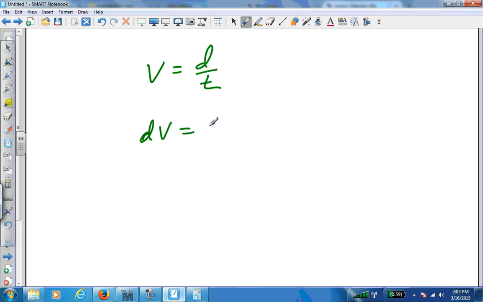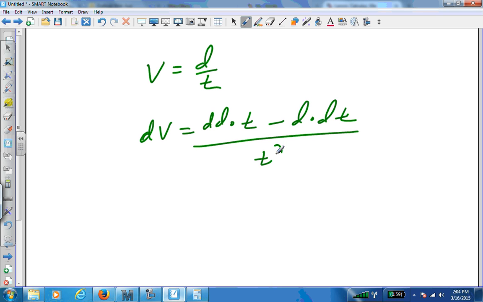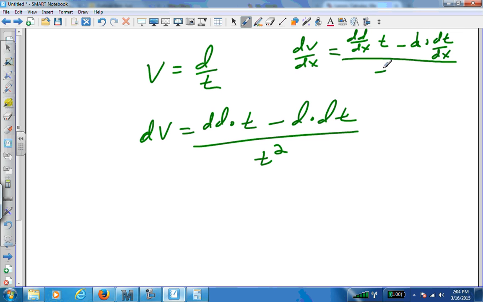dv is the error in the numerator times the denominator minus the numerator times the error in the denominator, over the denominator squared. If you think about taking the derivative of that with respect to x, dv over dx is the derivative of the numerator times the denominator minus the numerator times the derivative of the denominator, over the denominator squared.